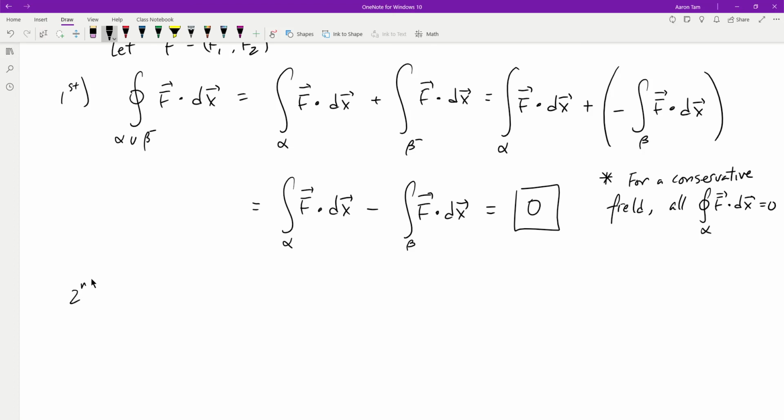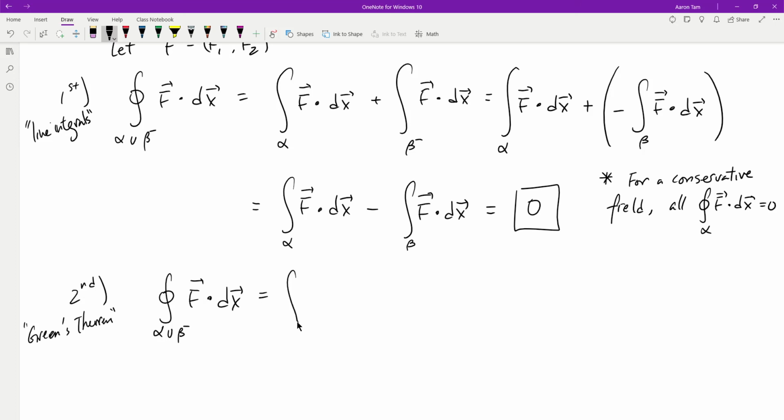So this one is doing line integral. Now we're going to try to do Green's theorem. So Green's theorem says the following. We have the closed curve integral of alpha union beta negative.